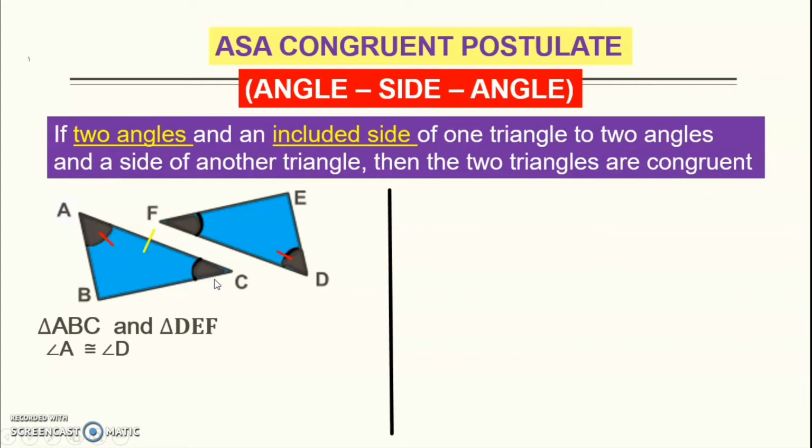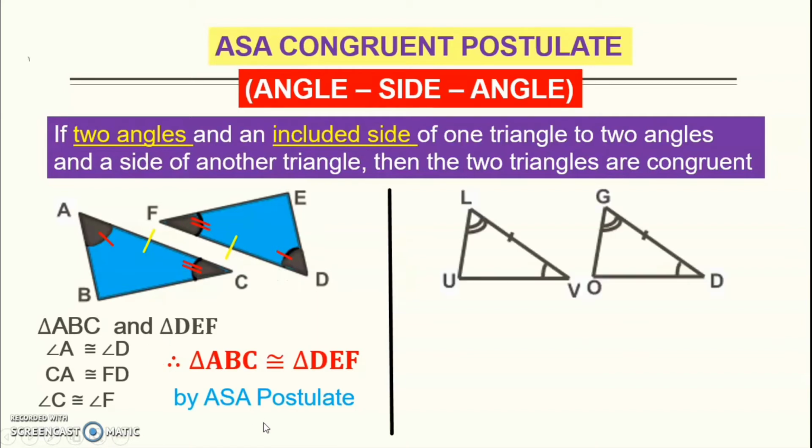Side AC corresponds to side DF, or FD, CA, pwede rin AC. CA is congruent to side FD. Next is the angle. So, angle C natin corresponds to angle F. So, angle C is congruent to angle F. Therefore, triangle ABC is congruent to triangle DEF.